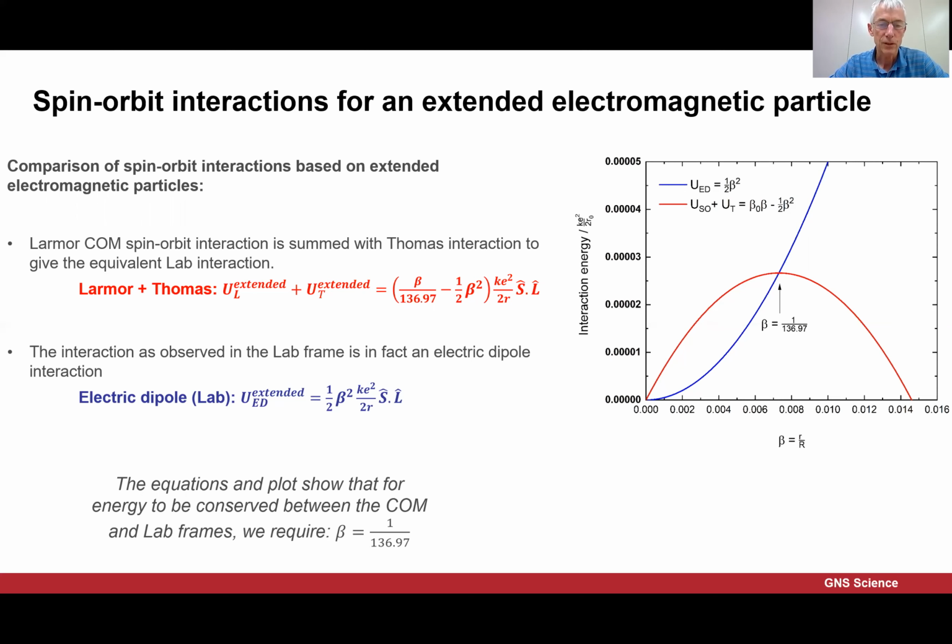One of the requirements for special relativity is that the energies are conserved, or in agreement, between the different frames of reference. And we can see that this only occurs when the velocity is at a specific value, and that specific value is 1/136.97 times the speed of light.